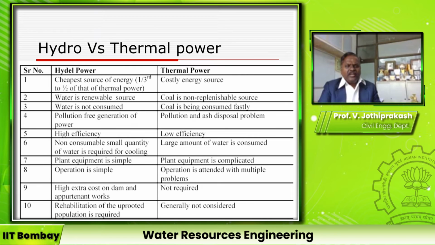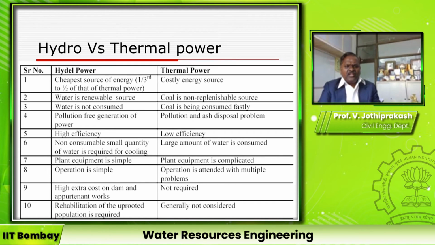Hydropower is pollution-free generation of power, whereas in thermal there is pollution and ash disposal. Fly ash is the largest output byproduct in the thermal power station, and we are doing a lot of research on what to do with this fly ash. Hydropower plants are highly efficient, whereas thermal power plants have low to medium efficiency.